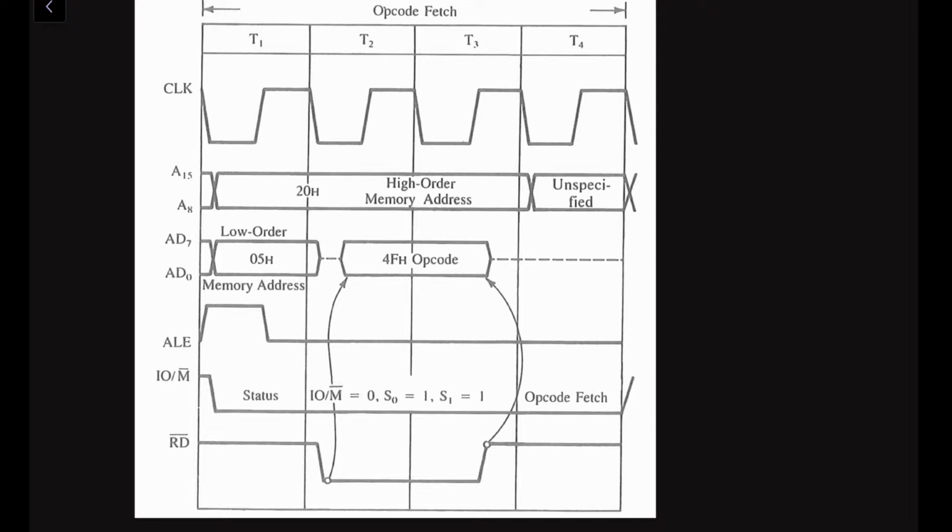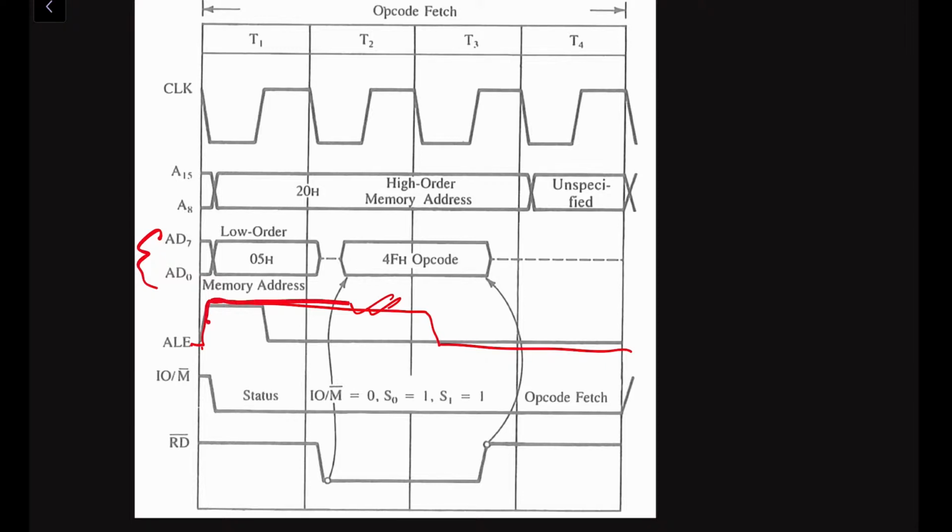Suppose in the examination you are drawing this timing diagram, and every part is okay, but you make the address latch enable like this. Then during this period also, the multiplexed address-data bus is going to work as an address bus.